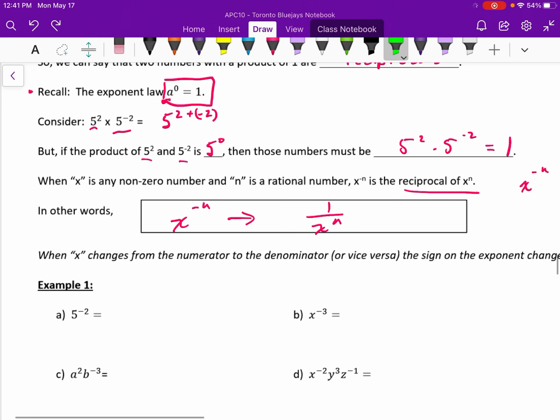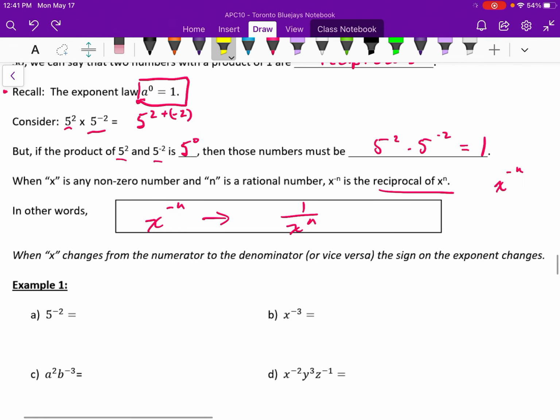Now, this is an interesting idea. When x changes from the numerator to the denominator, or vice versa, the sign of the exponent changes. So just for fun, 5/2, I'm just going to put 1.